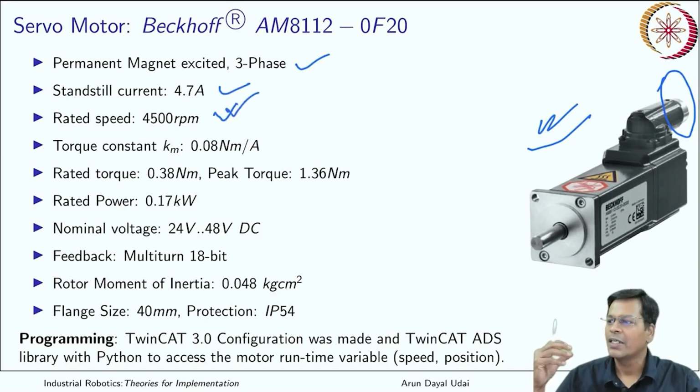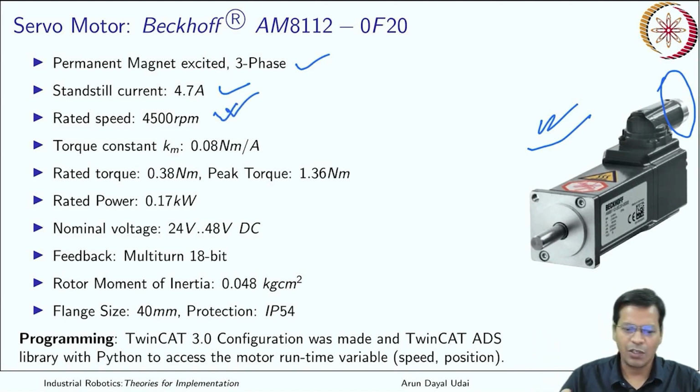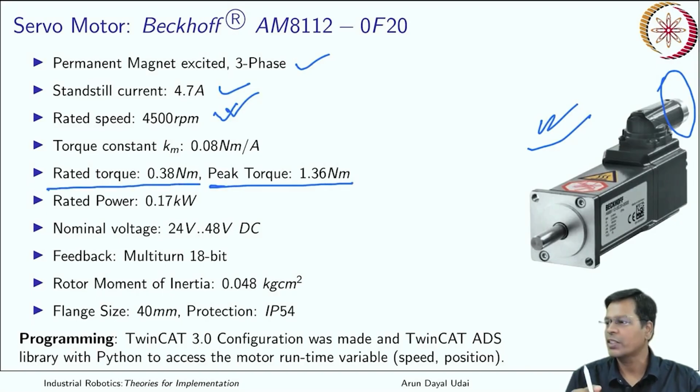So it requires a gearbox if you have to control that, to enhance the torque and to reduce the speed. The maximum peak torque which it can provide is 1.36 Newton meter, whereas it is rated with 0.38 Newton meter only. This much is not sufficient to drive industrial robots.